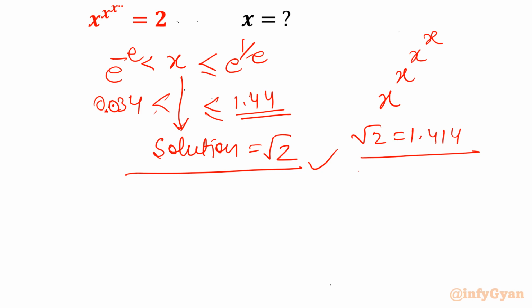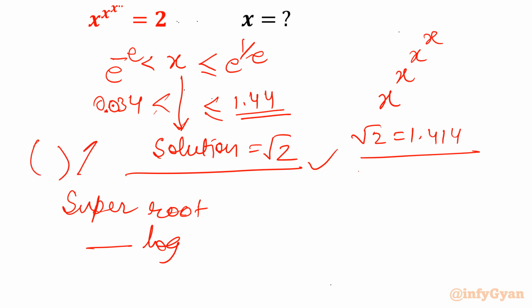The inverse process of this is called the super root and super logarithm. So what is that super root or super logarithm? If your function is an infinite exponent, then the super root is the opposite, the inverse process of that, to make that infinite exponent into a finite exponent.